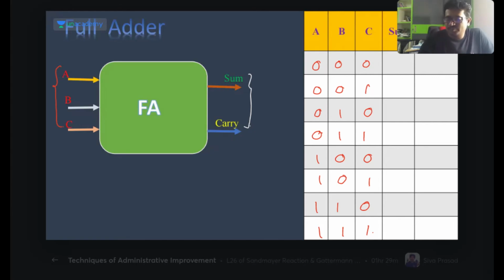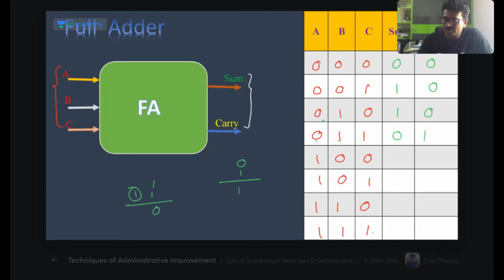Now tell me the sum. If we add all, this is sum 0 carry 0, sum 1 carry 0, sum 1 carry 0. Add 0 plus 1 plus 1, sum 0 carry 1. If we add 1 and 1, what will we get? 1 plus 1 is 0, and this is the carry.